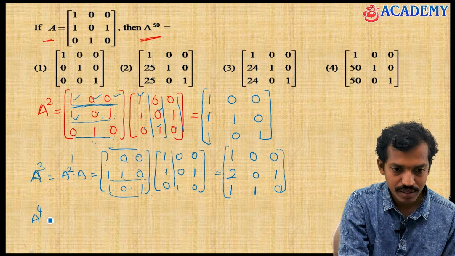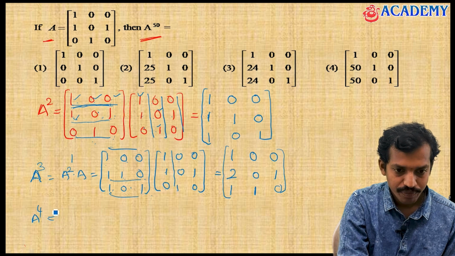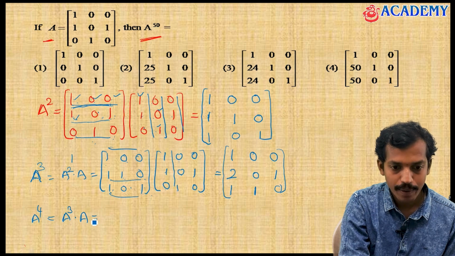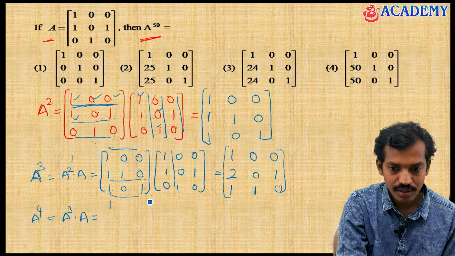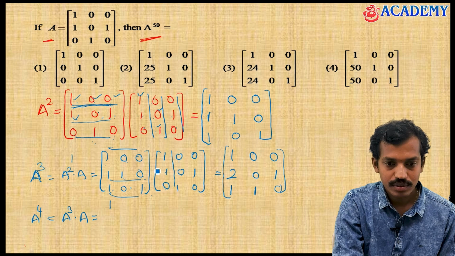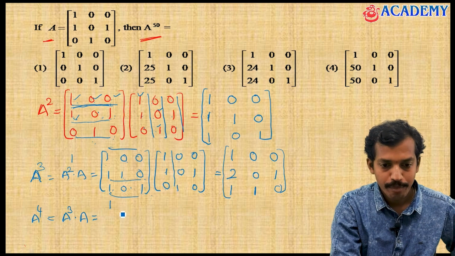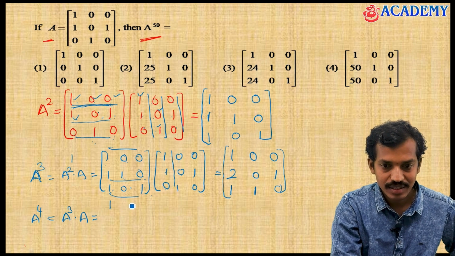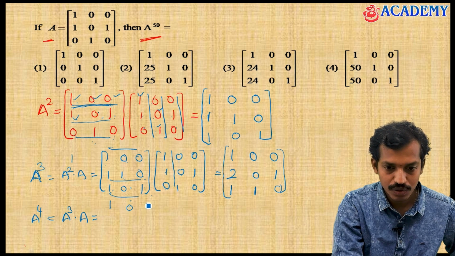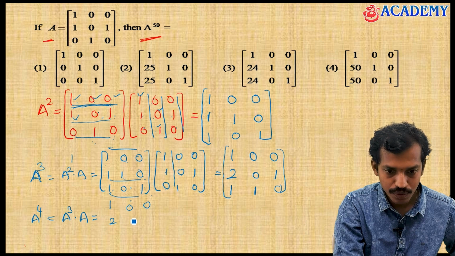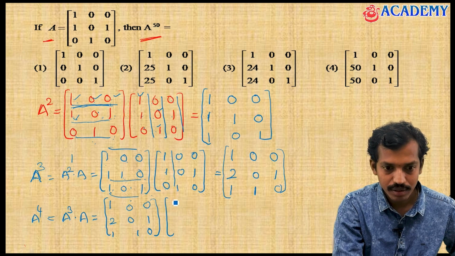A to the power of 4 means indirectly we can write as A to the power of 3 into A, that is A to the power of 3 is 1 0 0, 2 0 1, 1 1 0, and A is nothing but 1 0 0, 1 0 1, 0 1 0.